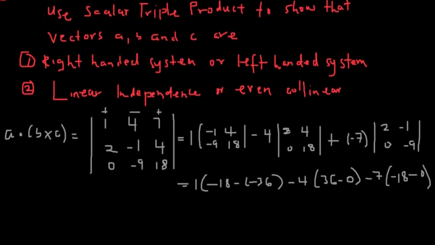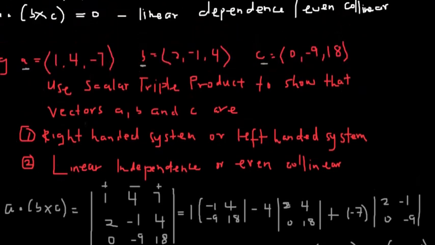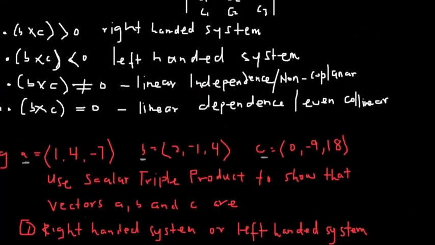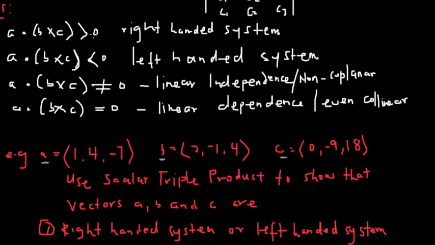So when you compute all of this, you will notice that our final answer is 0. Now, to answer our previous question, whether it's a right-handed system or a left-handed system: when it's right-handed, the scalar triple product has to be greater than 0, and when it's left-handed it has to be less than 0.